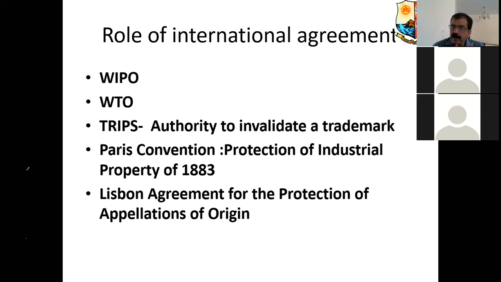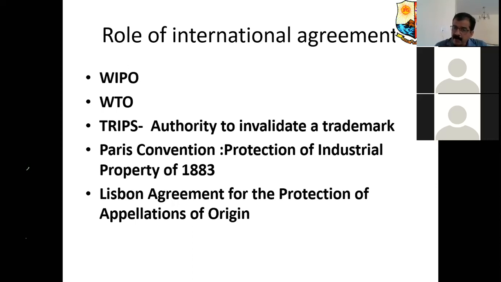TRIPS is the authority to invalidate a trademark. What do you mean by this? The members of TRIPS have a responsibility to guide the organization by preventing the misuse of the GI. Suppose some country finds that there is a misuse of the GI by another, then they can always refer to TRIPS. If a GI is used as a trademark by some other person, then that trademark can be invalidated by TRIPS.